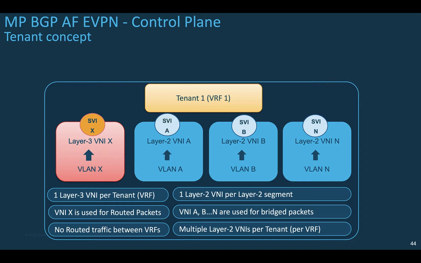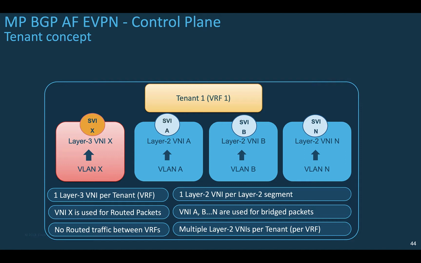In the VXLAN EVPN fabric, a layer 3 VNI identifies each tenant at the layer 3 level, right, associated with a unique VRF. Wanted to make sure this is clear. That means actually that a tenant in the context of VXLAN EVPN is the representation of a VRF, right? So a tenant equals a VRF in the context of VXLAN EVPN.